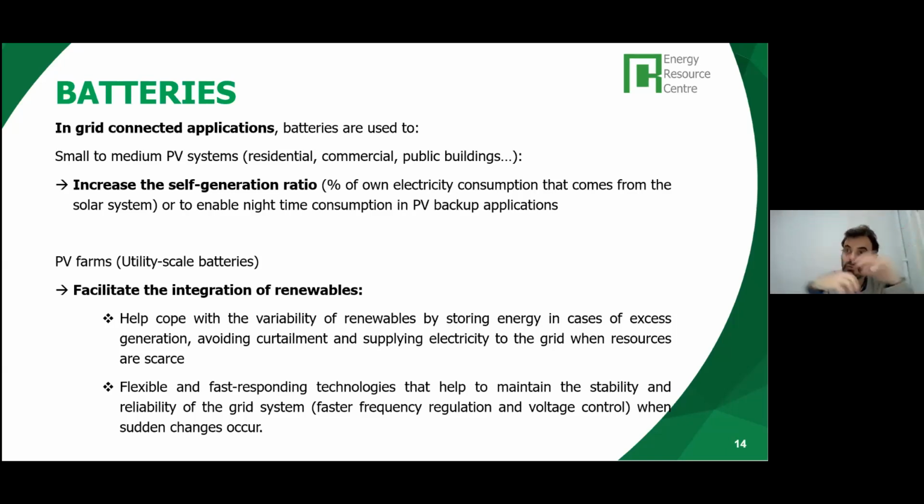You could have a very quick drop in the power generation from the PV panels if a cloud comes, and you could have, imagine, half of your power being cut because of the cloud. If you don't have a battery that can smoothen this effect on the grid, that could create problems.